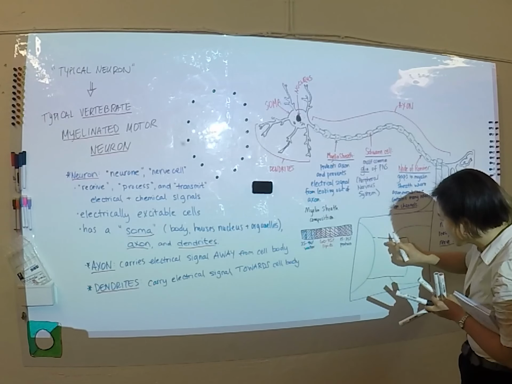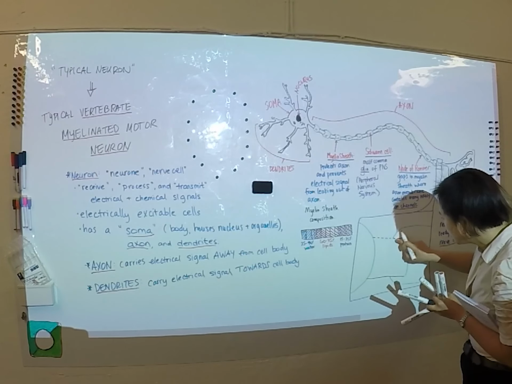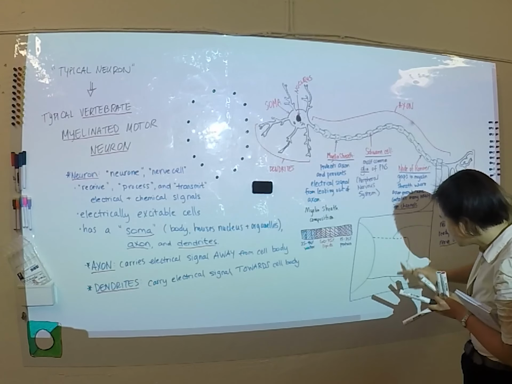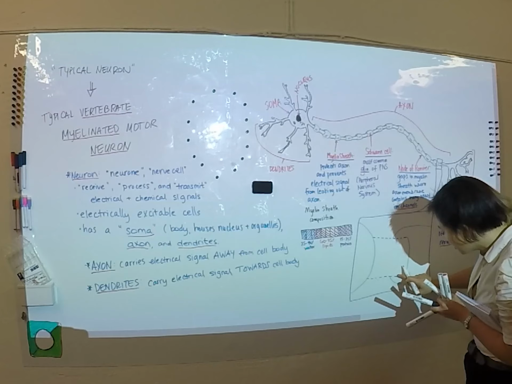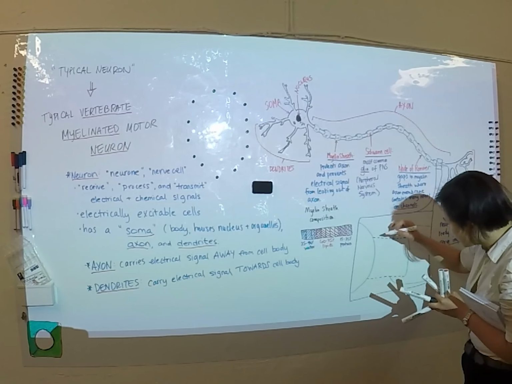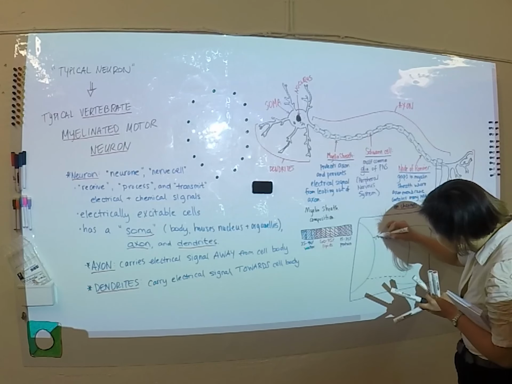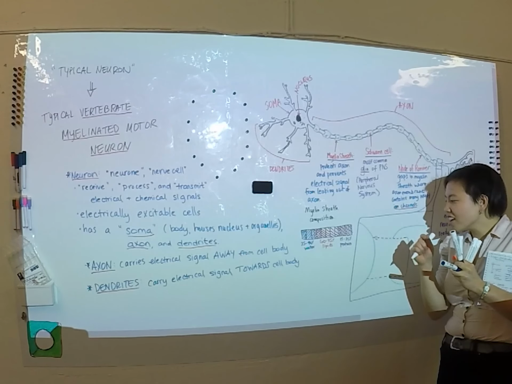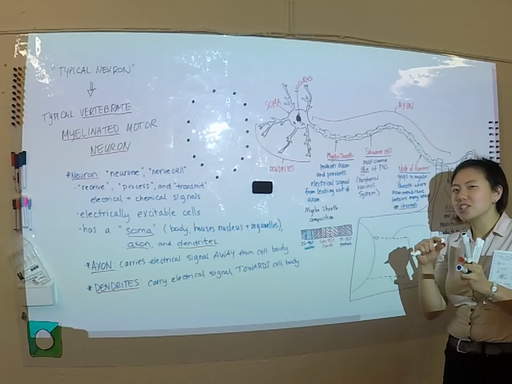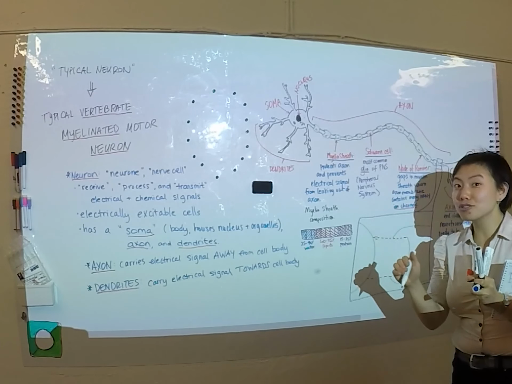So, I'm drawing what almost looks like two beans next to each other. These are actually proteins.